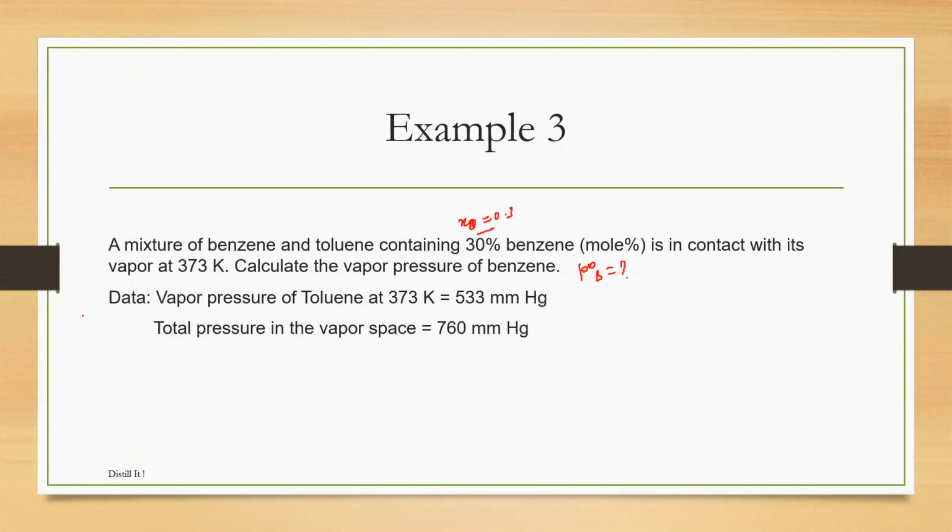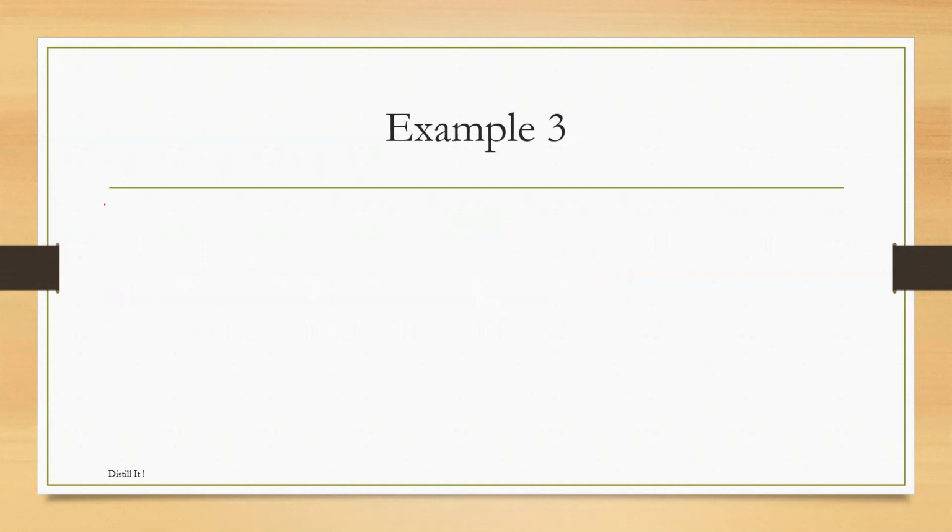So they have given us P naught T. They have given us P. So now we know by Raoult's law that partial pressure of benzene is going to be equal to vapor pressure of benzene into its mole fraction, while partial pressure of toluene is going to be equal to vapor pressure of toluene into its mole fraction.